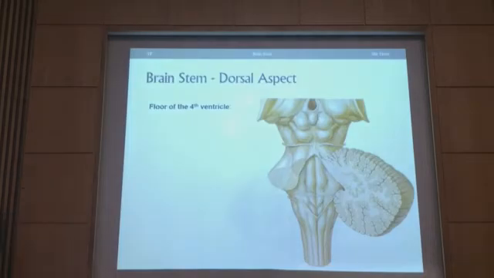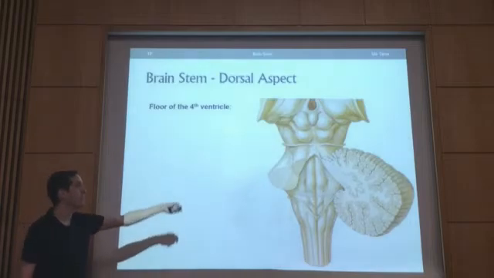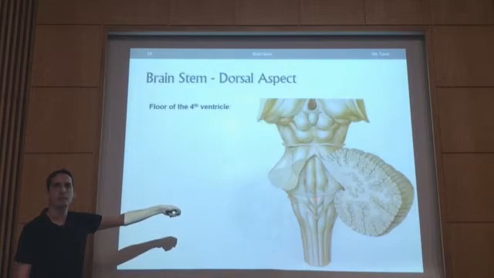And in the completely dorsal aspect of the pons, we actually see several structures, and we refer to these structures as well as other structures as the floor of the fourth ventricle. So again, in the human brain, when we look at the brainstem, this is the fourth ventricle.